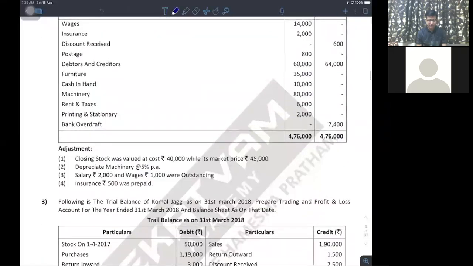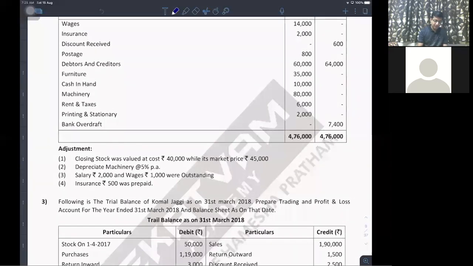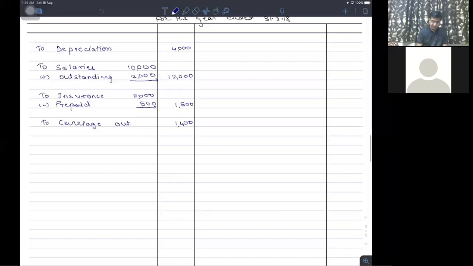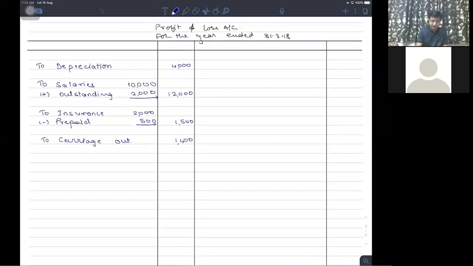Wages we have already finished. Insurance we have already done. Through the adjustments we had completed it. Discount received is your income and postage is your expense. So in the P&L account credit side, by discount received.